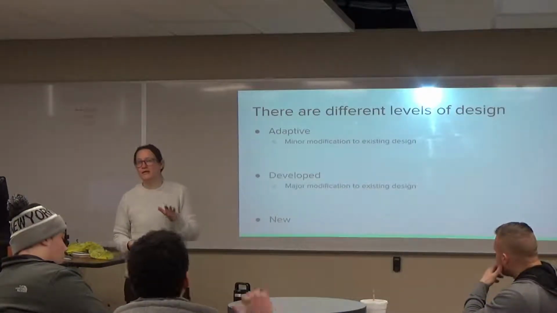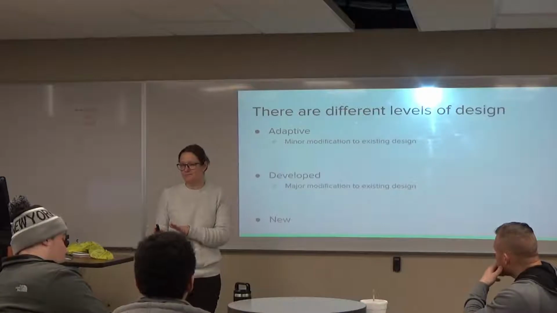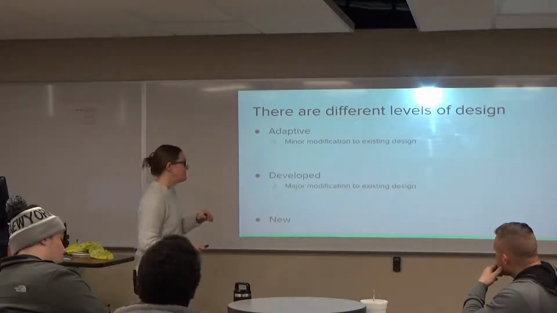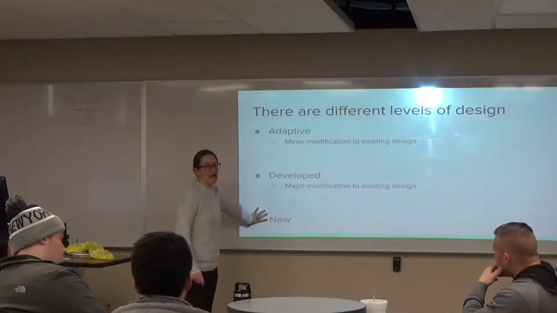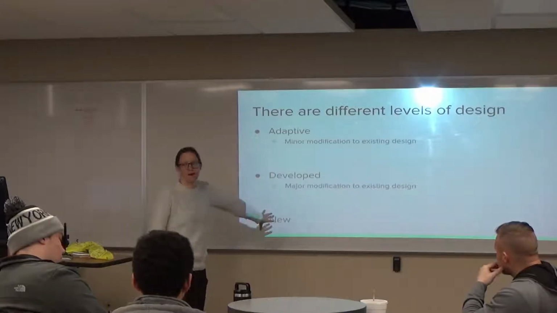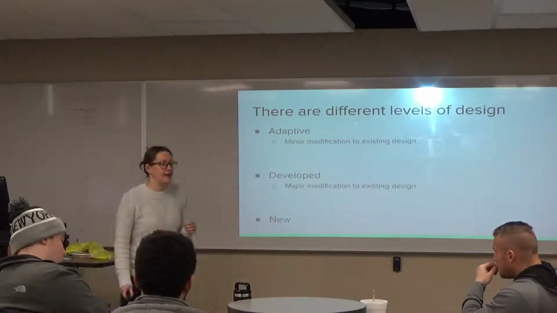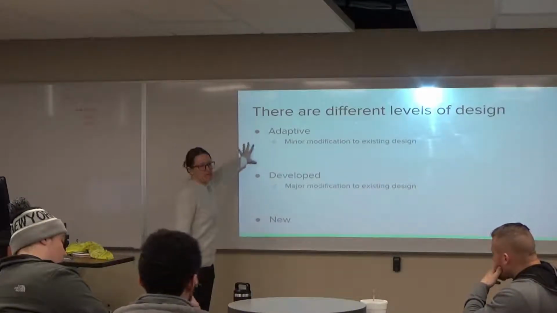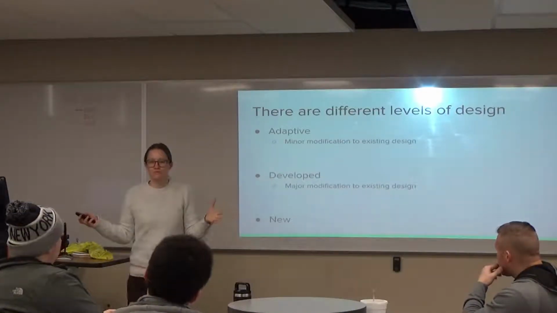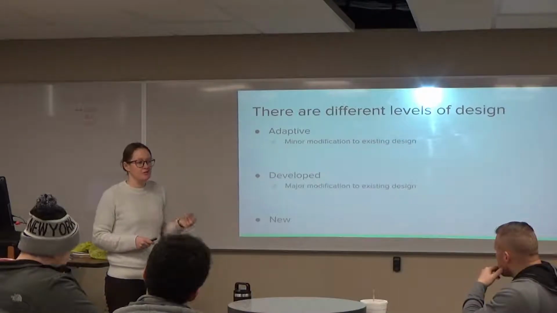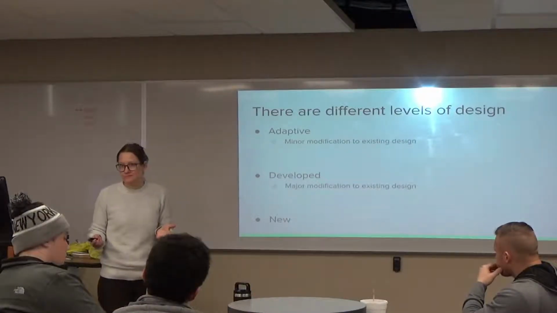There are 3 different levels of design. So design does not always mean that you have to create something totally brand new, right? You don't have to come up with some $1 million idea. In fact, you can have an adaptive design. So maybe you're using something and there's some minor tweak to it that would make it better, right?